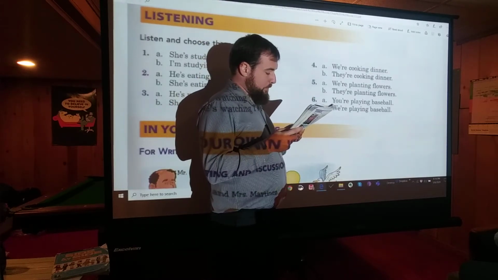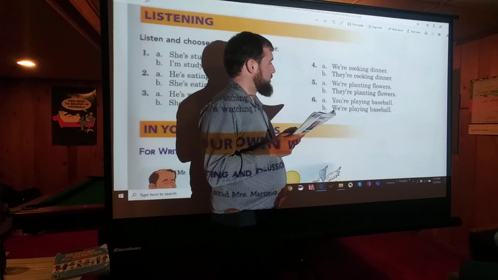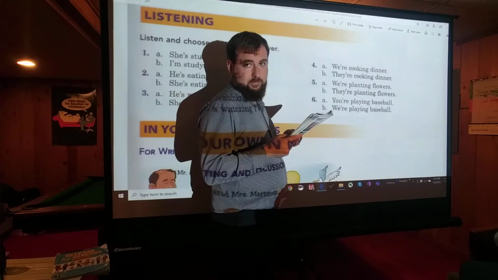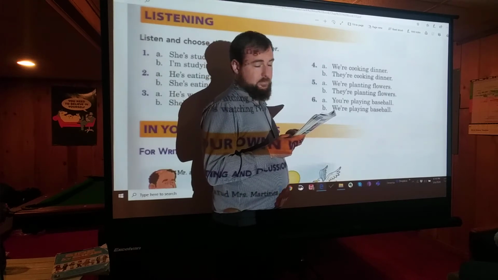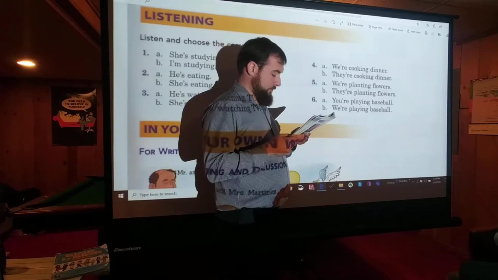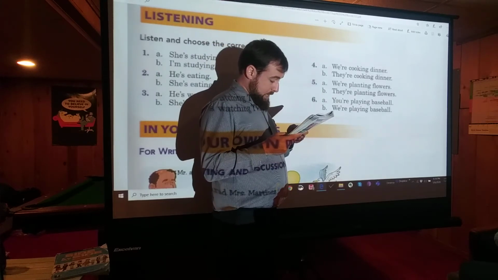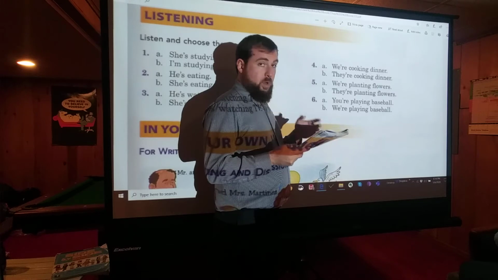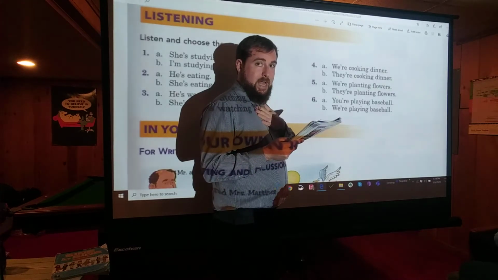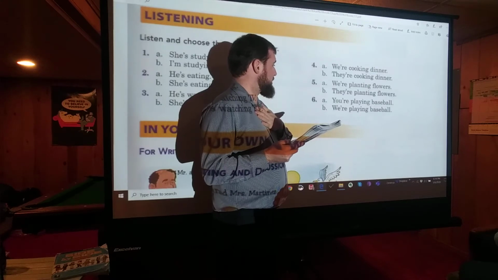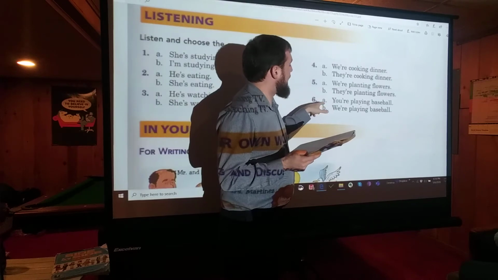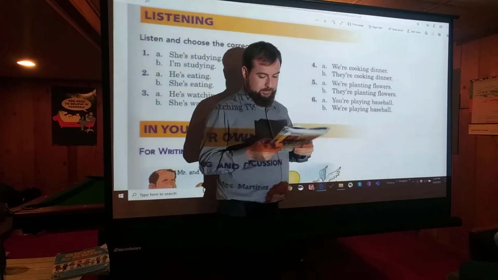What are you and Peter doing? A, we're planting flowers. And number 6, what am I doing? You're A. You're playing baseball.